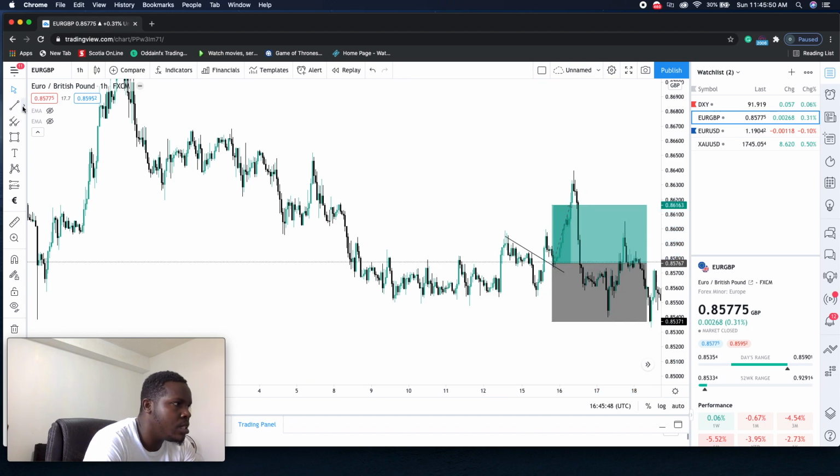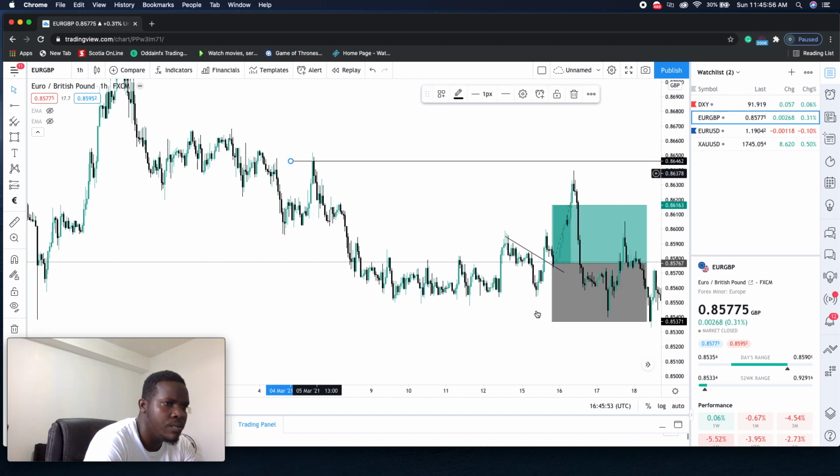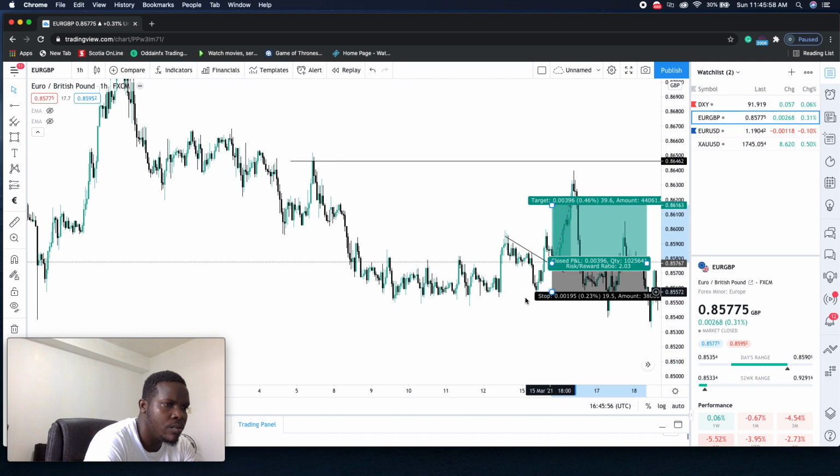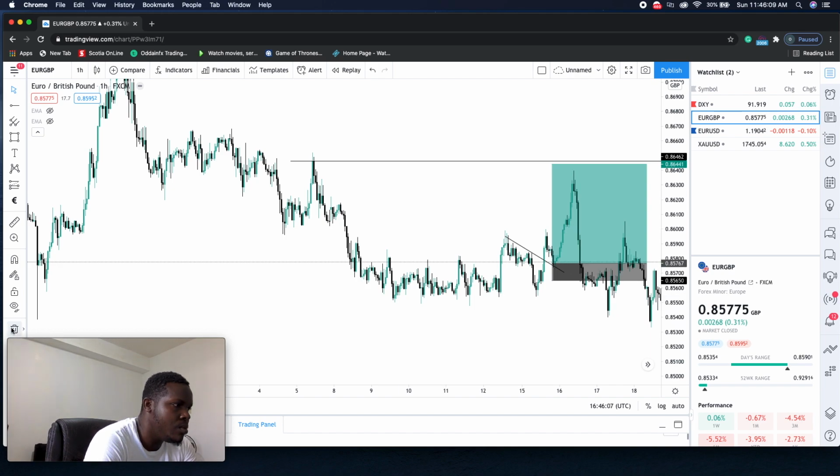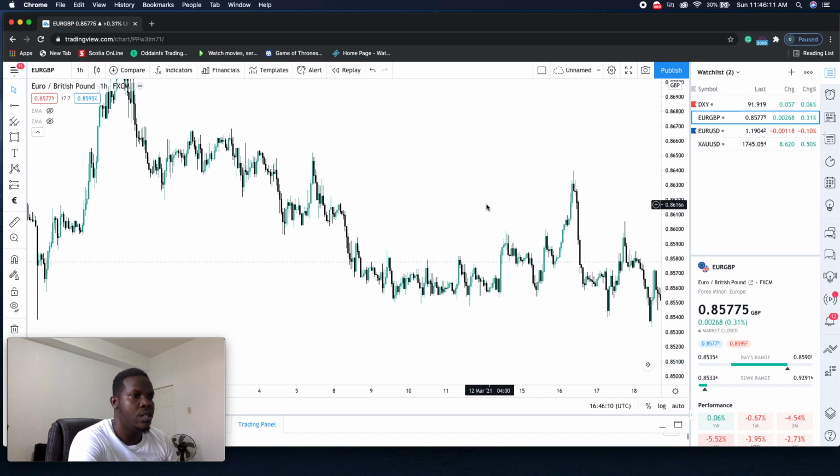And again, my target was all the way up here, this level here. So this was the second call that I made. Bam. The market actually turned back against us, but we secured some profit. So last week Euro GBP was pretty great.